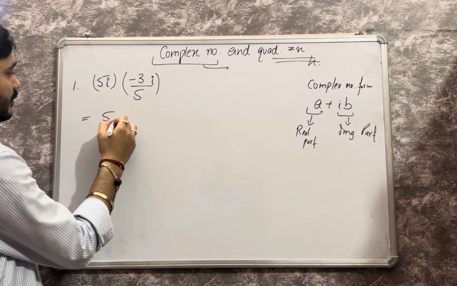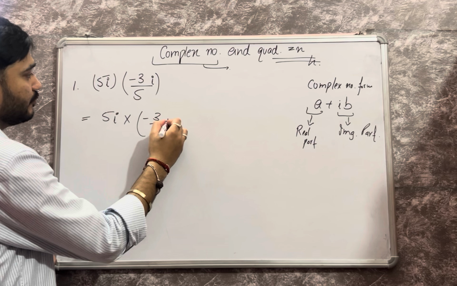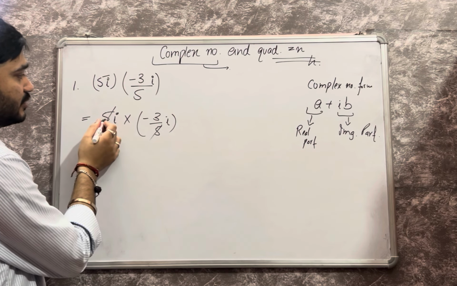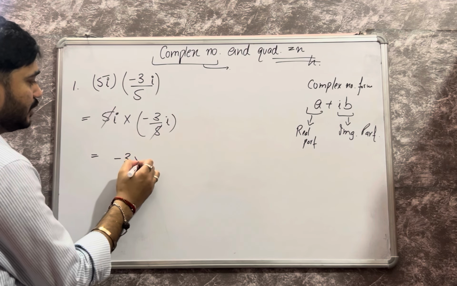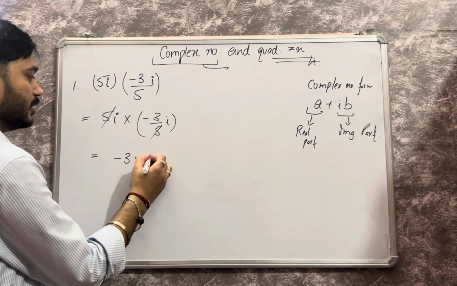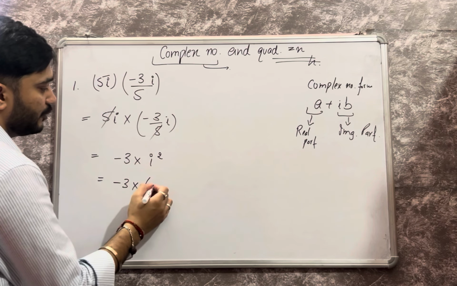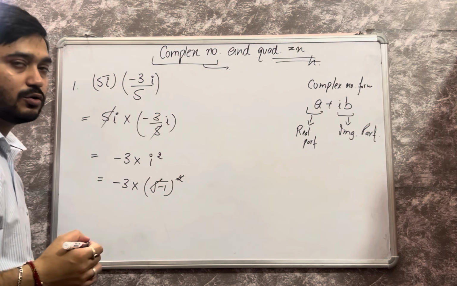That is 5 iota multiplied by minus 3 by 5 iota. 5 and 5 get cancelled out because one is in the numerator and the other is in the denominator. Then we will get minus 3 into iota square. Putting the value of iota, that is, under root of minus 1 whole square, the under root gets cancelled out.